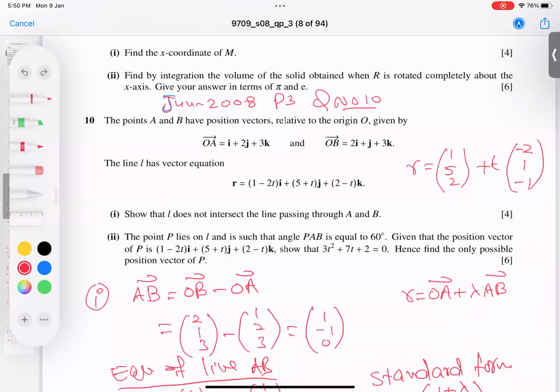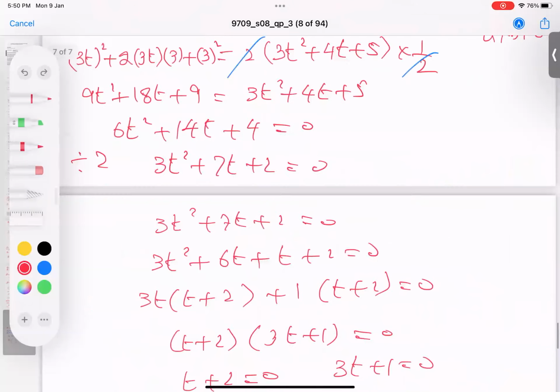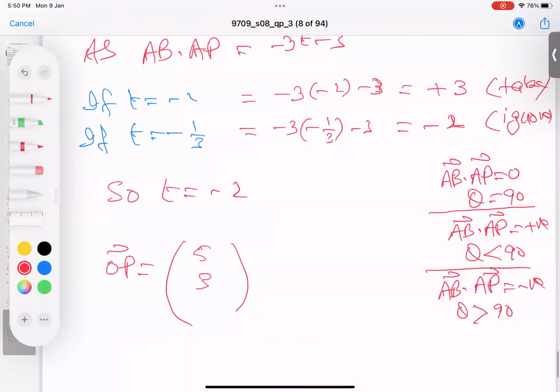So when I copy here, let's see what answer comes. 1 minus 2t, then 5 plus t, then 2 minus t. I'm putting in minus 2 for every value. Here I'm getting 5, here I'm getting 3, and here I'm getting 4. Let's see again. Yeah, 5, 3, 4 is our final answer.